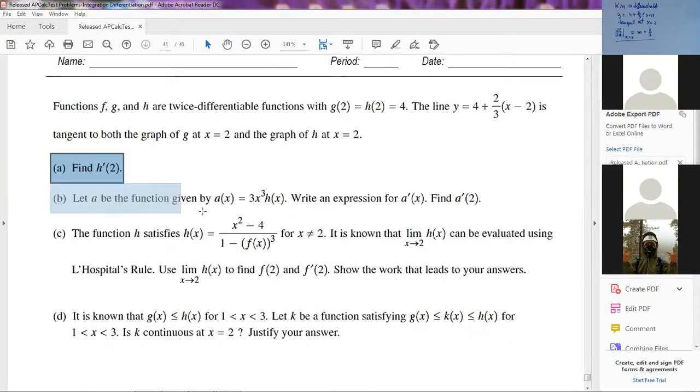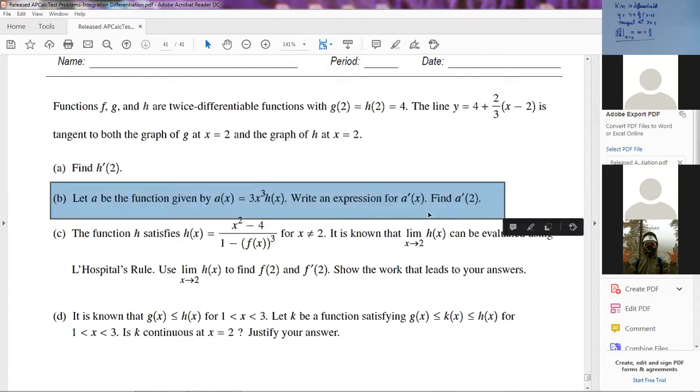Now, let's see the next problem. Let a be the function given by a of x equals 3x cubed times h of x. Write an expression for a prime of x and find a prime of 2. Okay, that's not a big deal. So a function coming from the product of two functions.